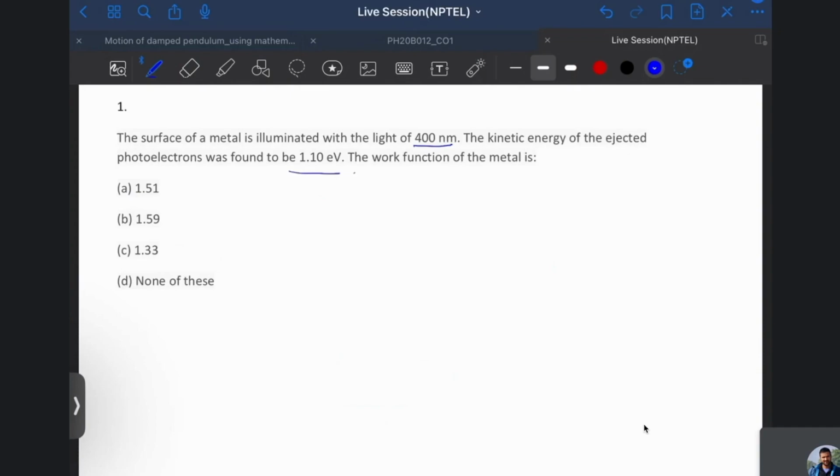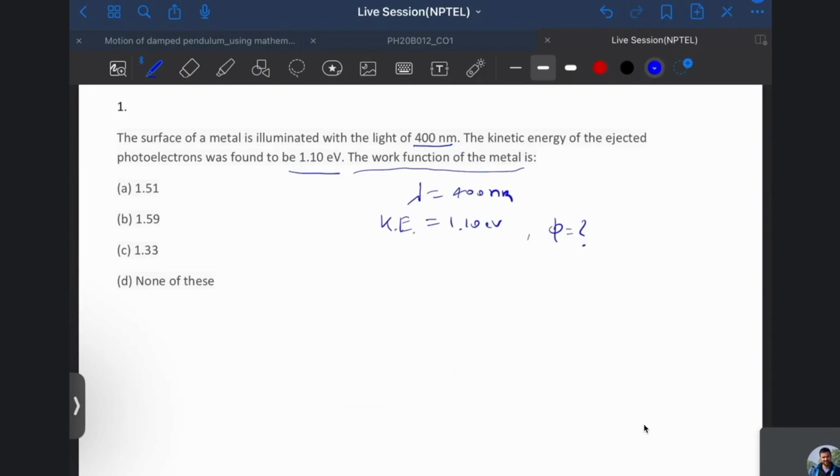So the work function of the metal is, so it's a very straightforward problem. We have been given the wavelength of the light which is falling on the metal, and the kinetic energy of the photoelectrons is given, correct? And we are asked phi, the work function.